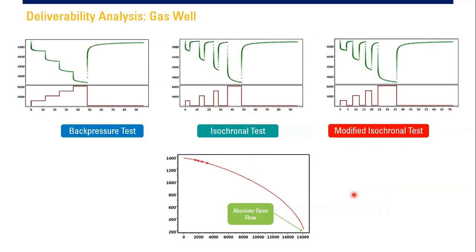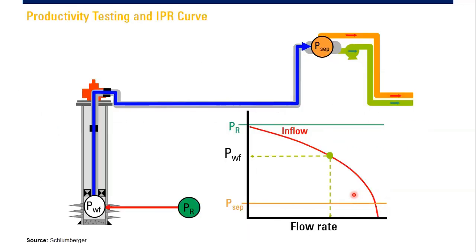Okay, and this discussion is actually more about oil reservoir, but we can also do this kind of analysis for gas reservoir. But the well testing mechanism usually is more sophisticated and more complex.